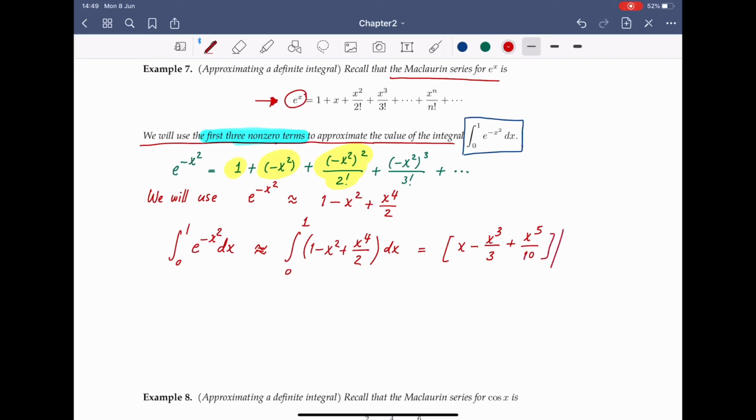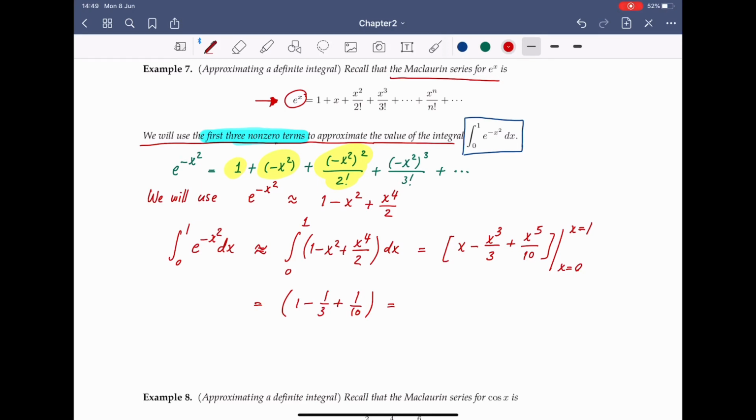All right, and then I just evaluate at x equal to 1 minus the evaluation at x equal to 0. All right, so we're almost done. At the end we have 1 minus 1/3 plus 1/10. All right, compute this.